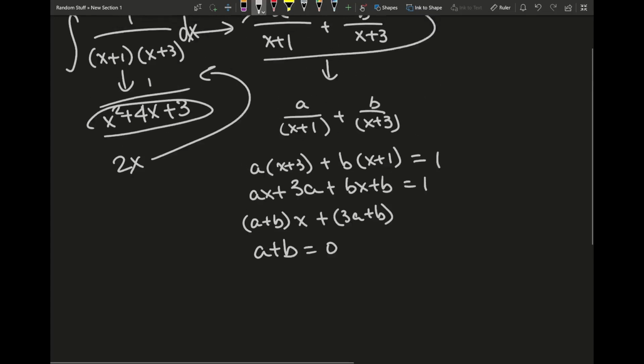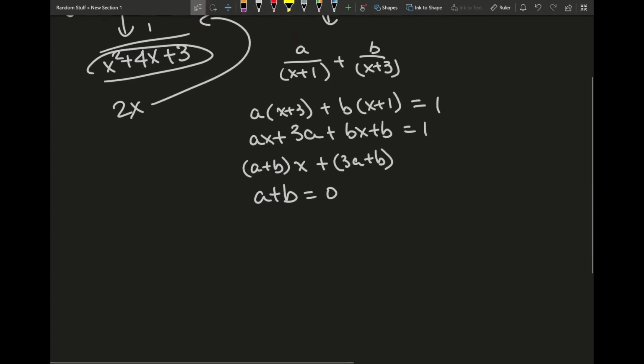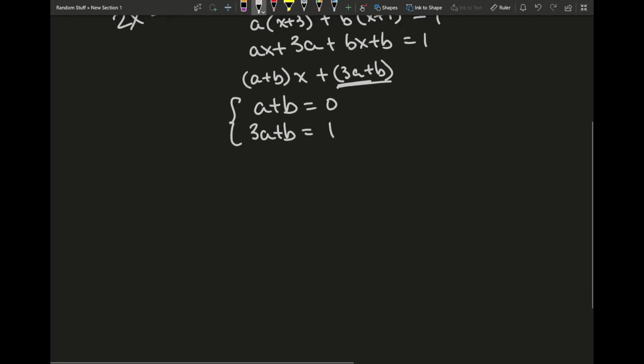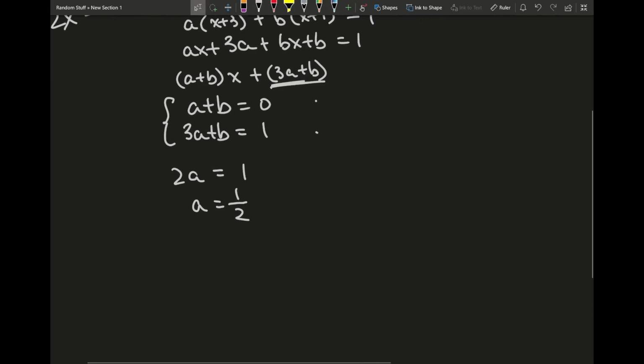We also know that the constant on top is 1, so 3A plus B equals 1. So we have this linear system, and we're just going to solve it real quick. This minus this, so that's 2A equals 1, A equals 1 over 2. Then we solve it back in, so B equals negative 1 over 2.